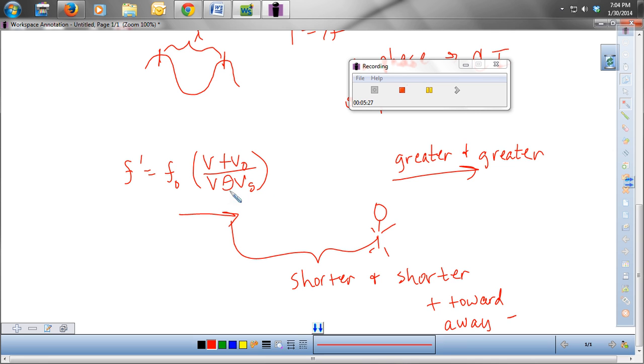Be careful, leave those in there, and then when I'm looking at the observer, that's where I put my positive if it's going toward the source. And then this right here is where I put my negative. So then I don't make the algebra mistakes that are so easy to make. So be careful. This was originally a positive and it needs to stay a positive, and this needs to stay a negative, and then the sign change comes with the quantities v sub s and v sub naught, source and observer of the sound. Okay?